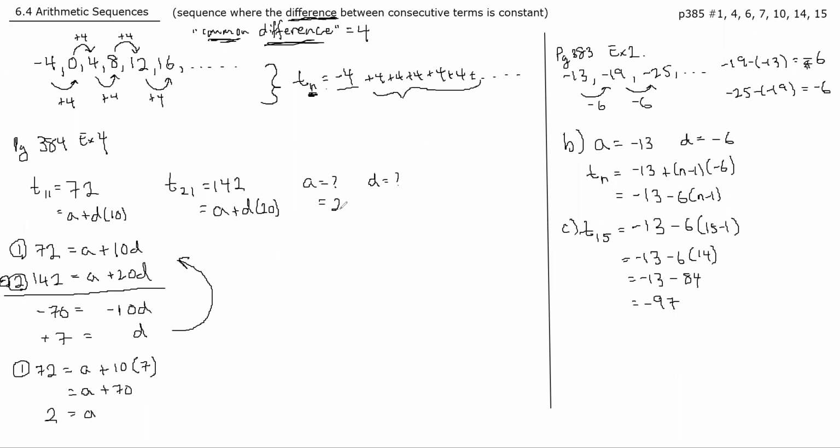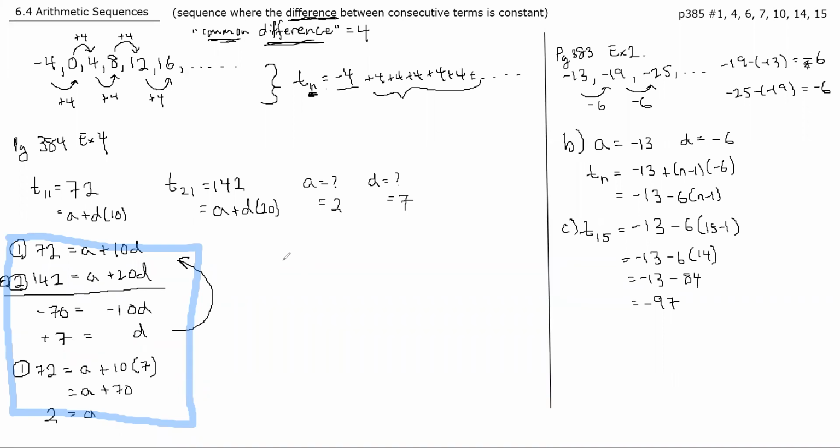Bam, A is 2, D is 7. So far, so good? Okay, that, I'm going to highlight it as method 1, okay?